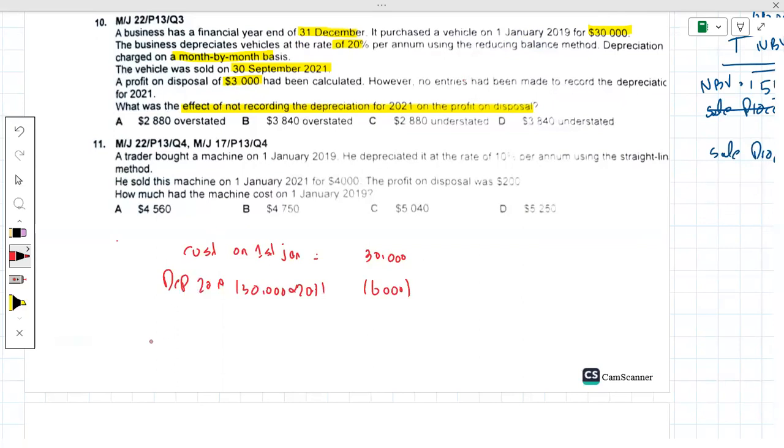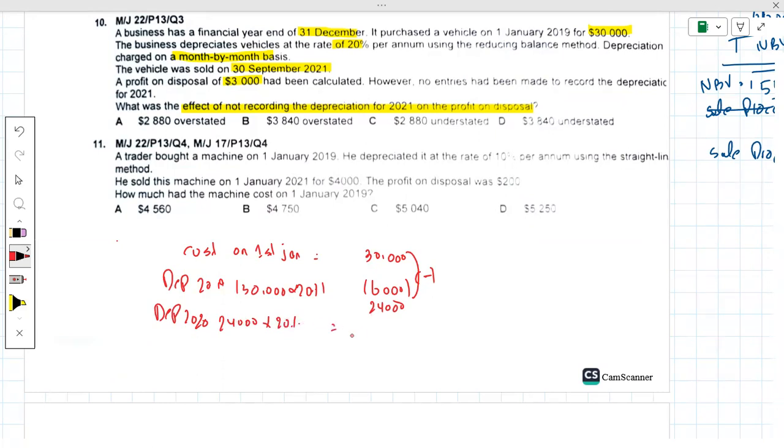Okay, so after that, the depreciation for 2020, because the net book value is $24,000 now. So net book value is $24,000 multiply 20%.